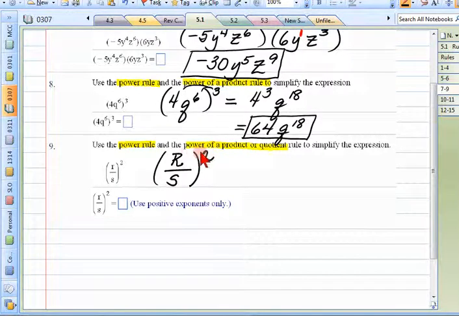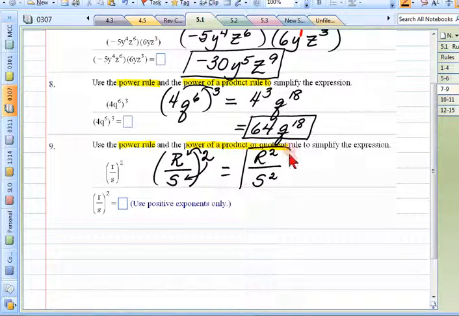Yes, I am going to let that exponent affect the numerator and the denominator and get R squared over S squared. So the power rule applies when you have a product, it applies to both of them. When you have a quotient, it applies to both of them. Any questions so far? Okay.